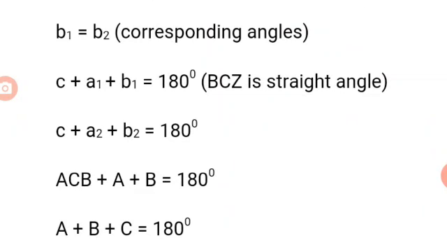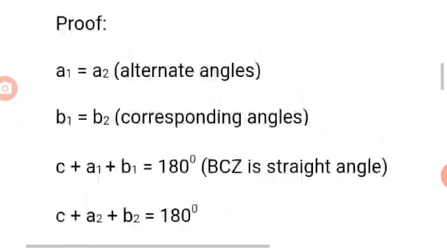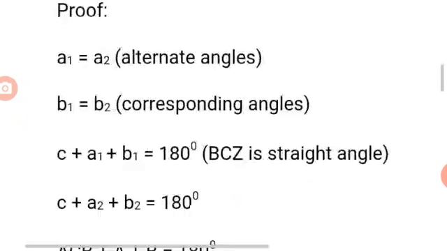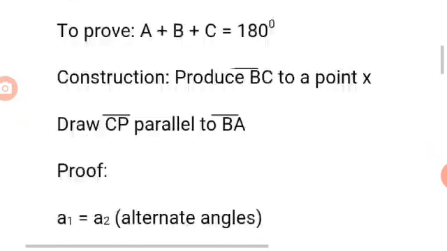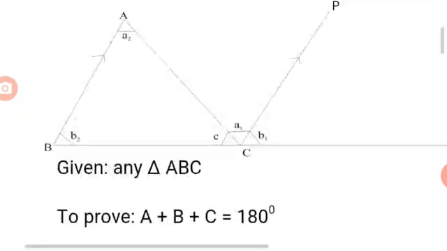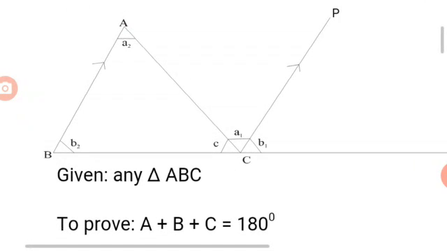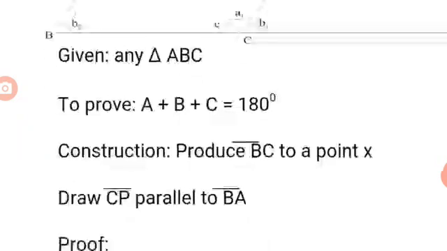Therefore, C plus A2 plus B2 equals 180 degrees. That is angle in the triangle. Are we together?